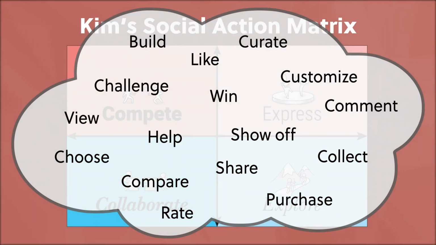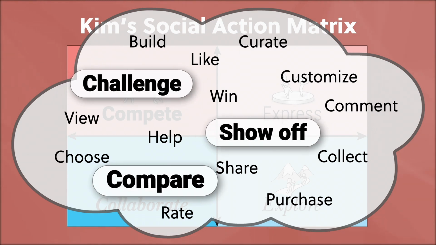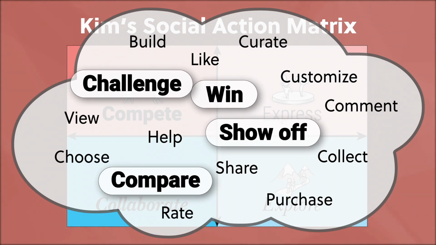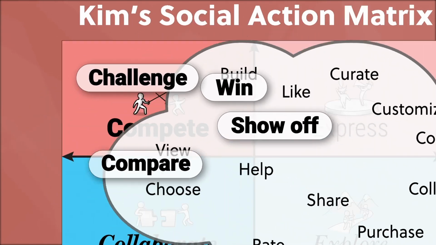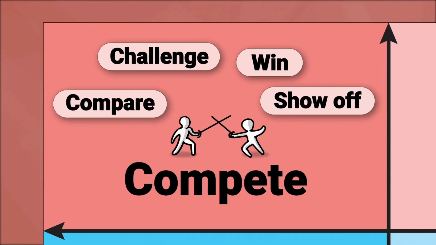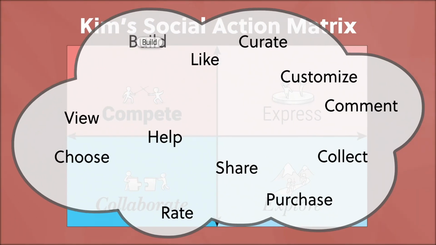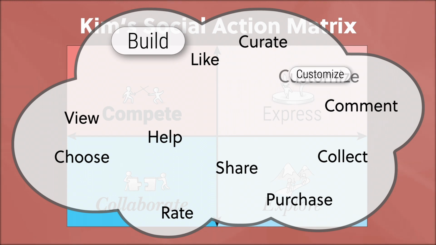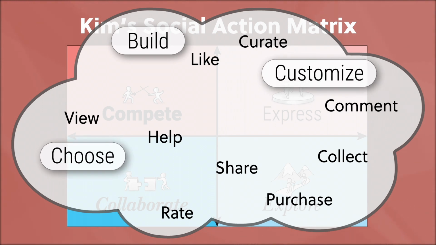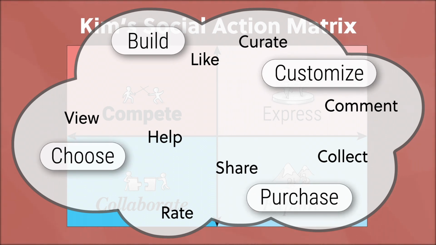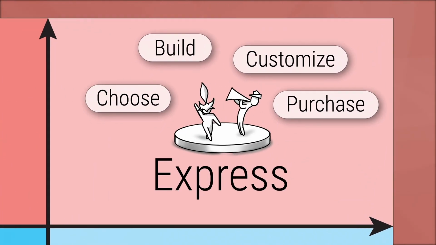If you offer actions like challenge, or show off, or compare, or win, those are verbs of competition. You would put those in the competition quadrant. Now, activities like building, designing, creating, customizing, choosing, decorating, even purchasing, these are verbs of self-expression. Those would go in the self-expression quadrant.